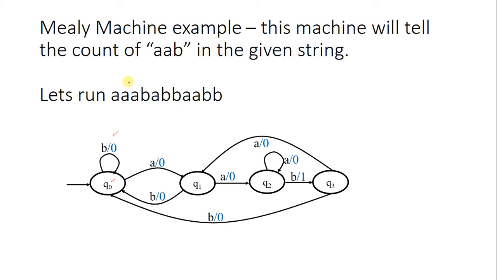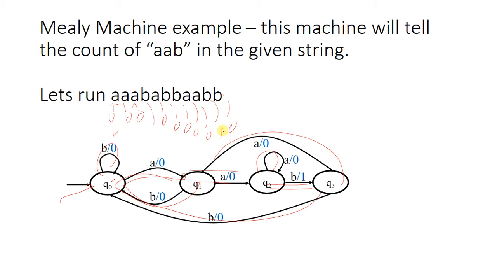So we start from here. For A we move here, 0, then A 0, then A 0, then B 1, then A 0, then B 0, then B 0, then A 0, then A 0, then B 1, then B 0.